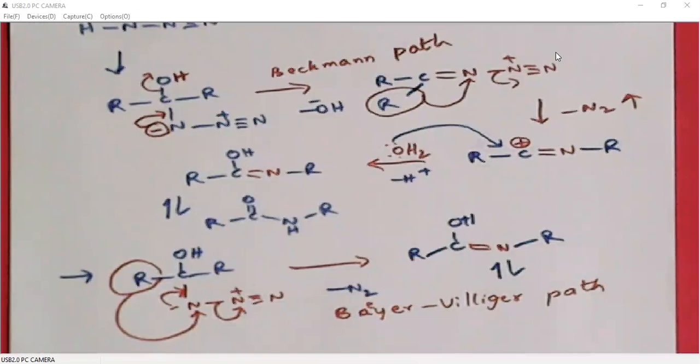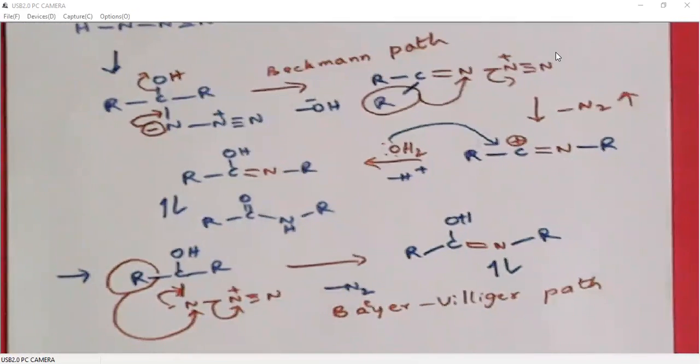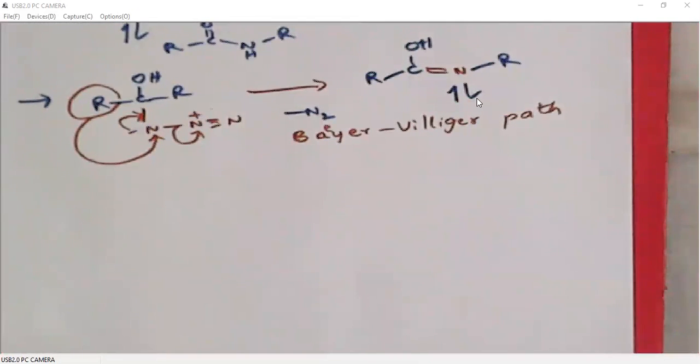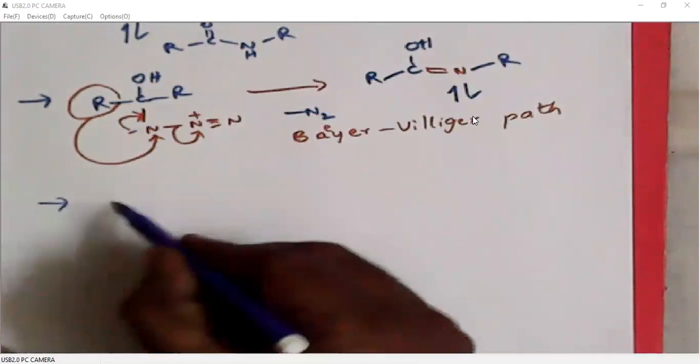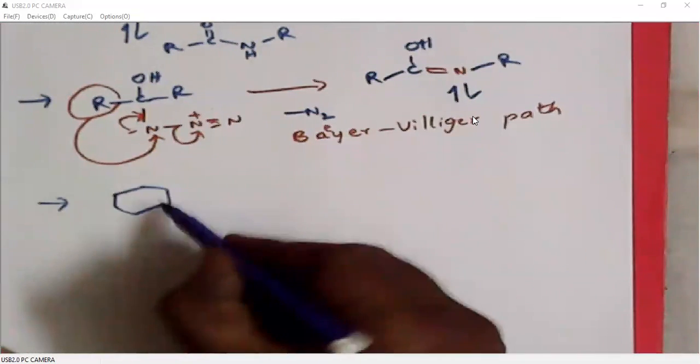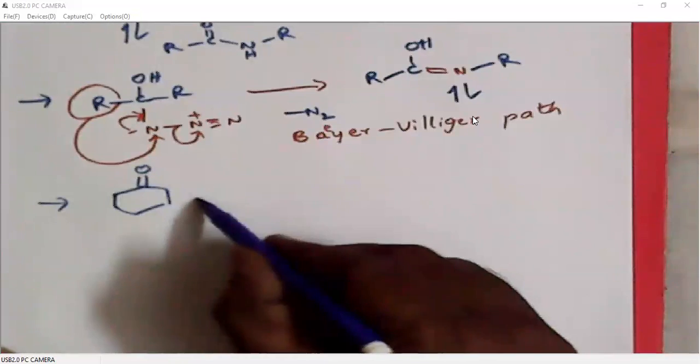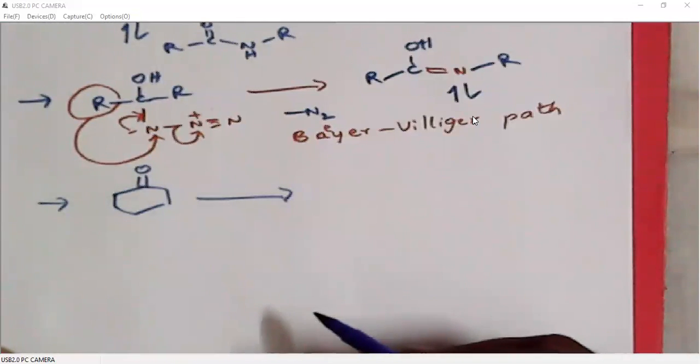Now we will see some examples for this reaction. When cyclic ketones are treated with Schmidt conditions, they are converted to lactams.